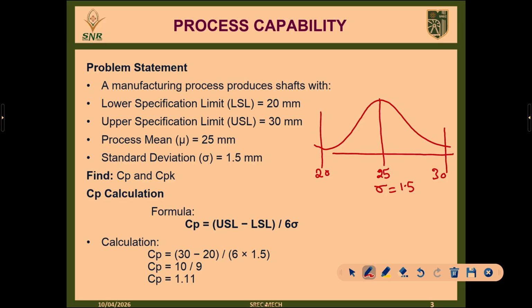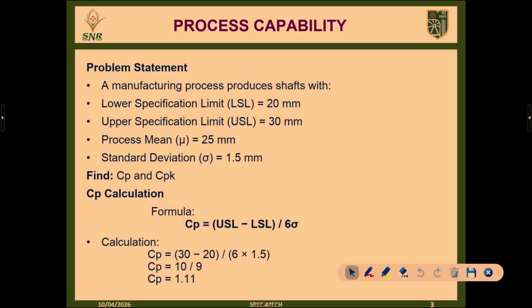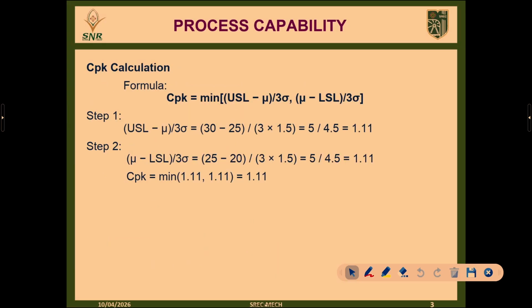So the CP calculation: CP is upper specification limit minus lower specification limit divided by 6 sigma, that will give you 1.11 value. Similarly, for CPK, we have to calculate two values.